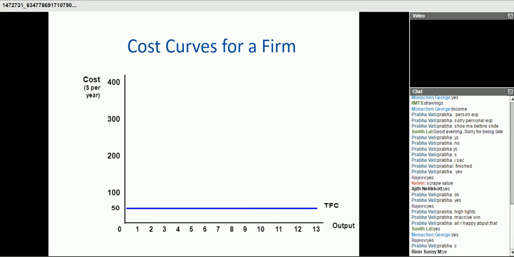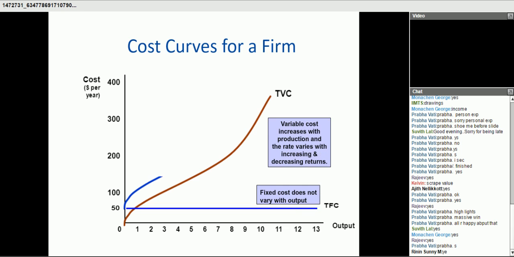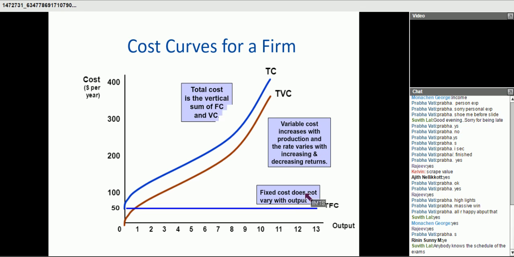Now let's see the plotting of this on a graph. When we are going to plot it on a graph, how will it look like? Okay, so you can see it here. This is the cost and this is the level of output.